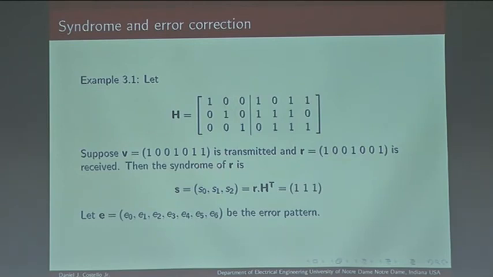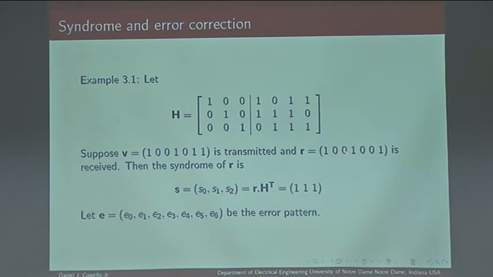So say this is transmitted, and let's say this is received. So the same thing is transmitted, except position 6 here has been changed from a 1 to a 0. So a single error. Now if this is a decent code, we should be able to correct this because there's only one error.